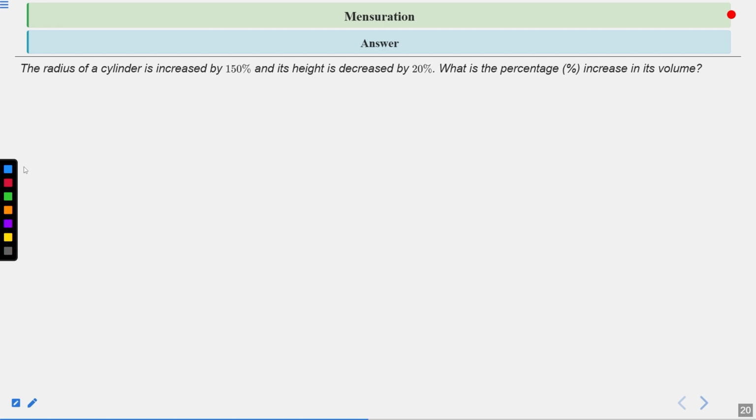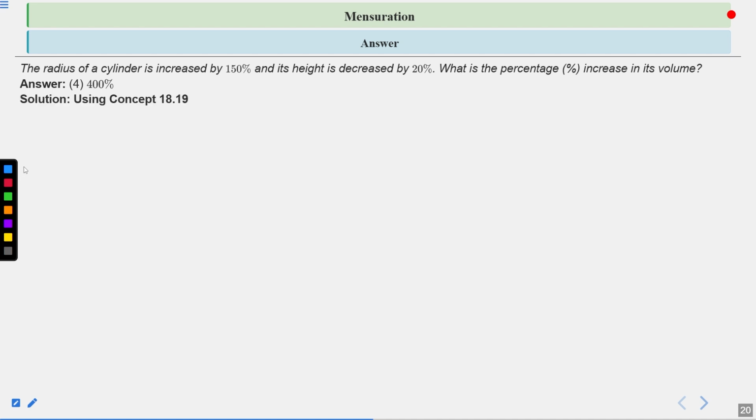Then we use the increased radius and the decreased height to calculate the new volume. Then we take the difference and calculate the percentage increase in the volume. So the correct answer of this question is fourth one, which is 400%.